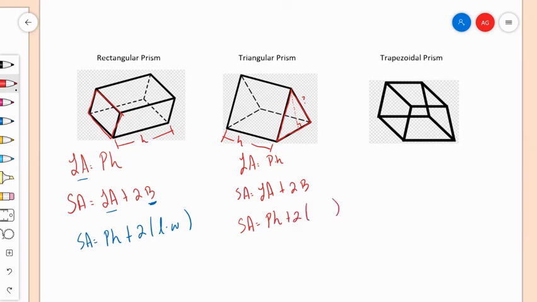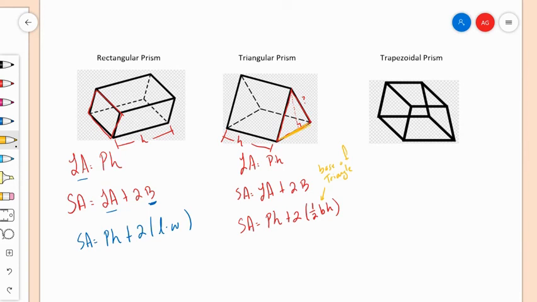Now, because the base is a triangle, the formula that I would use to find its area is 1/2 little b for base times h for height. Here's where we have to be careful because that little b represents the base of the triangle, or kind of like the base of the base, so this base down here.